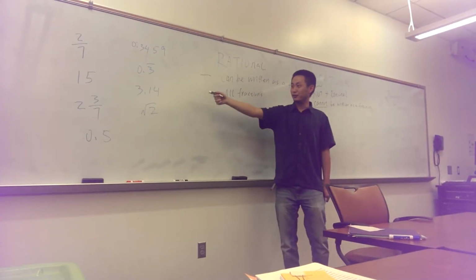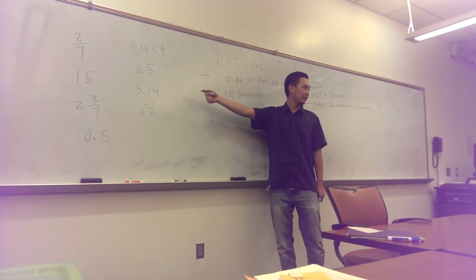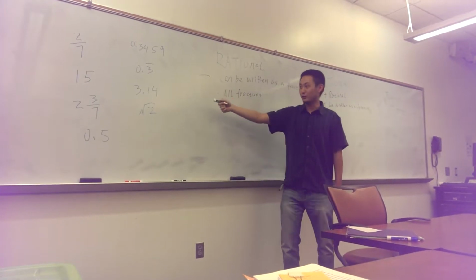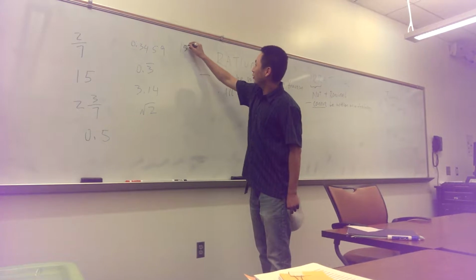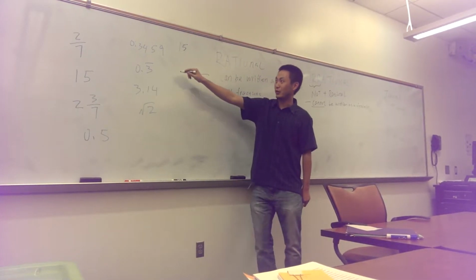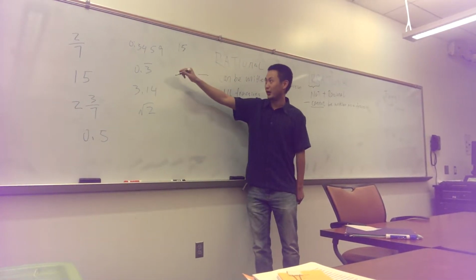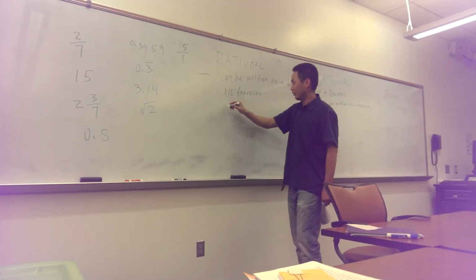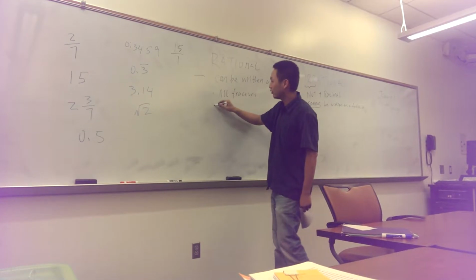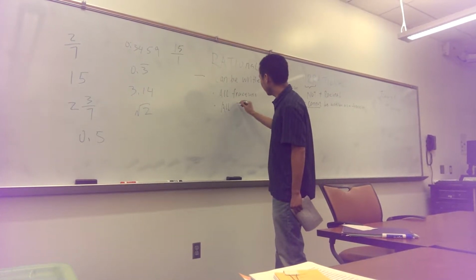And second one, 15. Rational. Because we can write all the whole numbers, for example 15, as a fraction just by writing 1 underneath it, right? So that's a fraction. So second group, all whole numbers.